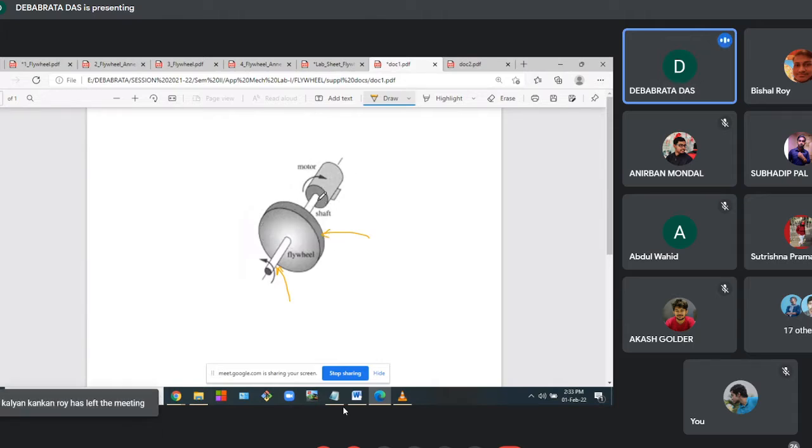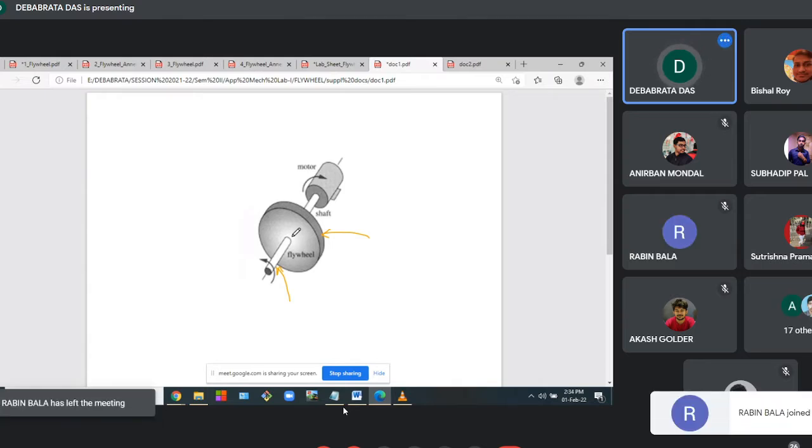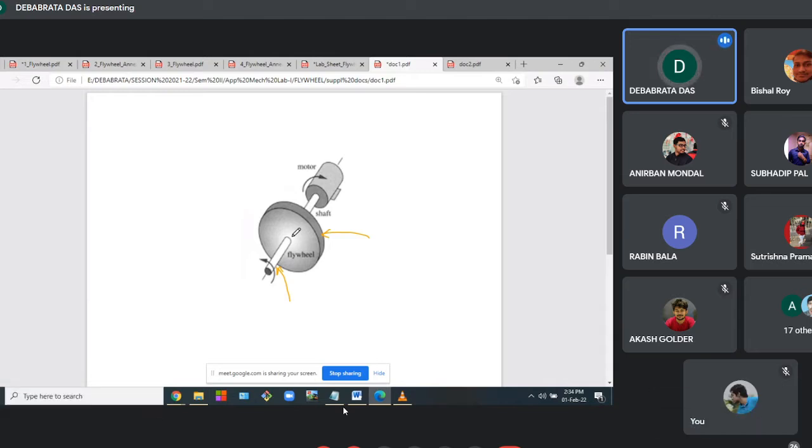Say this is a shaft mounted with a heavy cylindrical body. Now imagine you have a pen in your hand. Using the fingertips of your thumb and index finger, you hold one end of the pen.